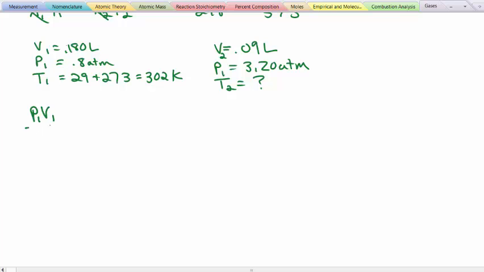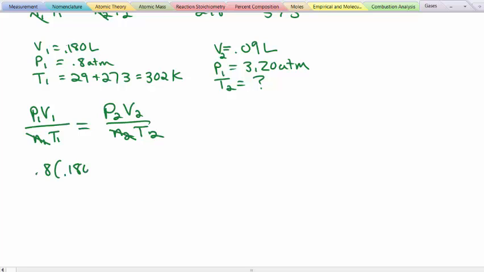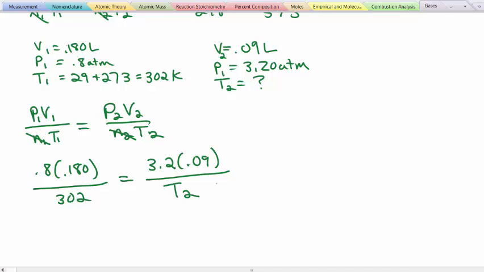Okay, so here's P1 V1 over n1 T1 is equal to P2 V2 over n2 T2. The moles are the only thing held constant, so we'll mark those out. So I get 0.8 times 0.180 liters over 302 Kelvin is going to be 3.2 times 0.09 divided by T2.